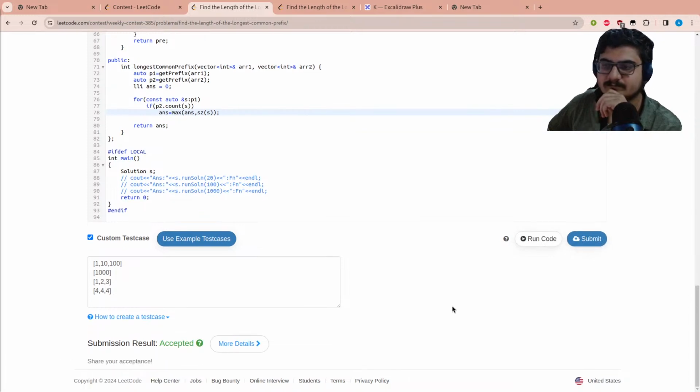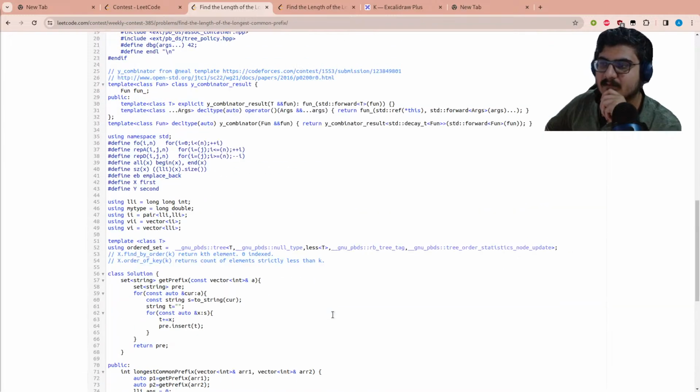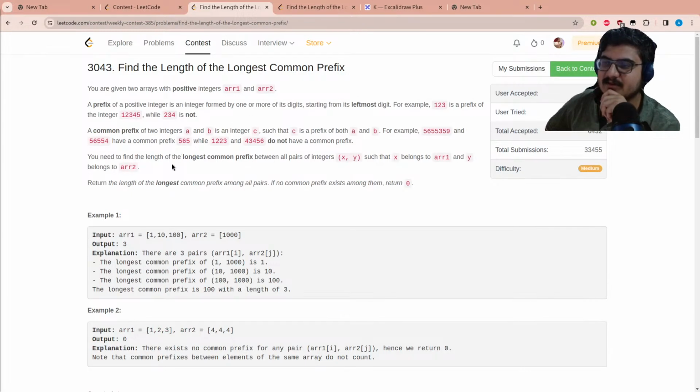The contest, I felt, was more on the implementation side. Okay, what prefix is taken over here?